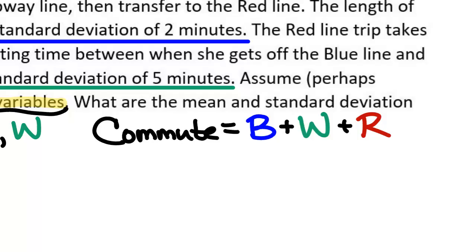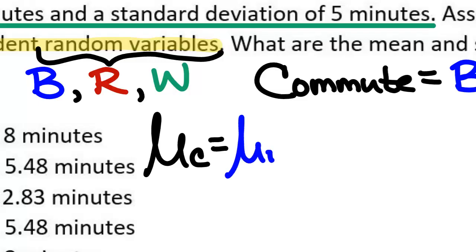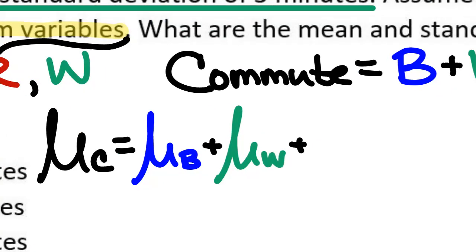To find the mean for the commute, so we're going to do the mean of, I'm going to call this random variable C. When we combine random variables together, what do we do with their means? In this case, we're going to add them. So we're going to take the mean for the blue line plus the mean of the wait time plus the mean for the red line.